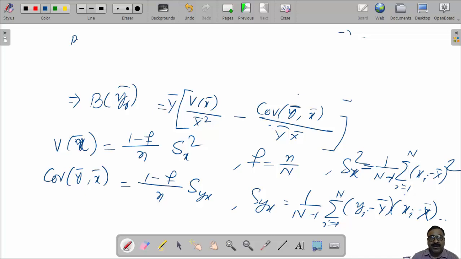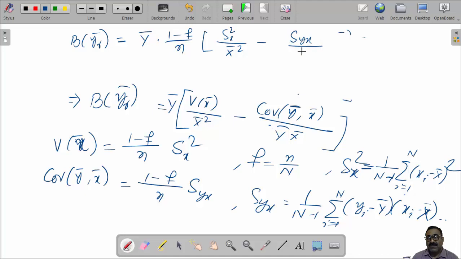the bias of y r bar equal to y bar into 1 minus f by n into sx square by x bar square minus syx by y bar x bar.